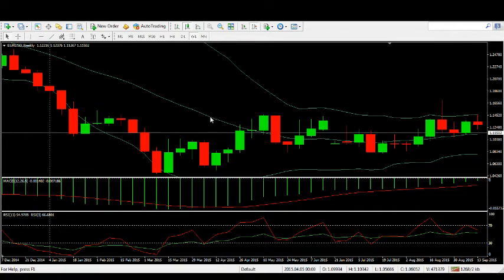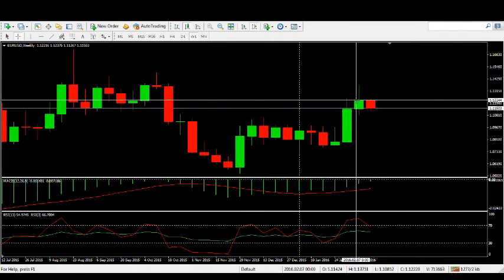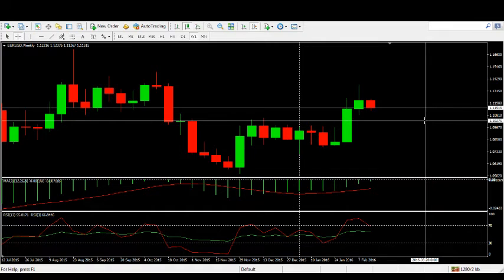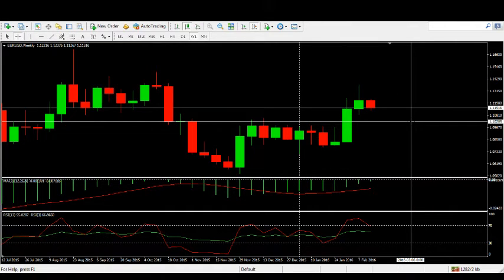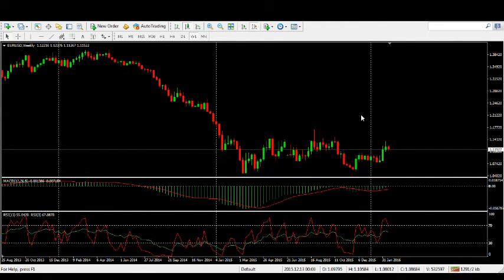I will delete all indicators, no need for them, and from here, for example, here a week ago, for example here, this is a weekly chart, and no problems. I can zoom in from here and try to provide a better solution.